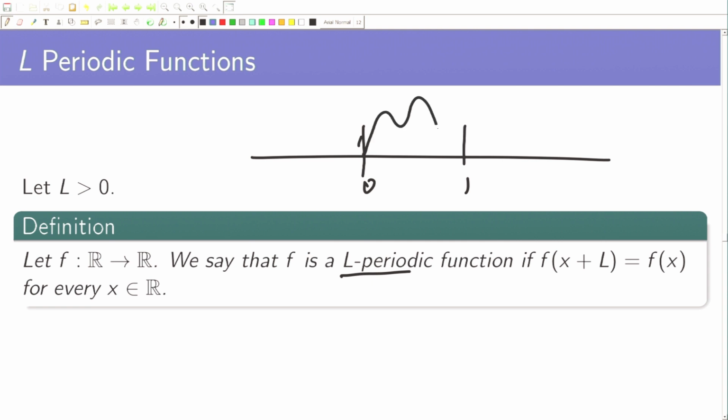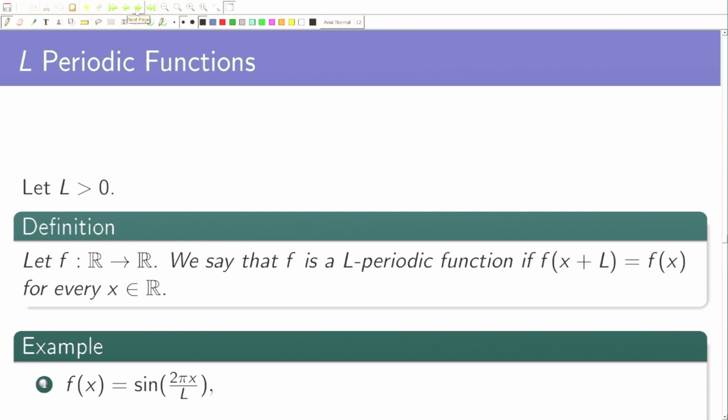So, if I have a function like this from 1 to 2, then I will cut this and paste it here. Every one interval, this is going to be repeated. You just cut the interval 0 to 1 and put it between 2 and 3. So, this is the periodic function, and here we are taking L to be 1. So, that is what is meant by a periodic function.